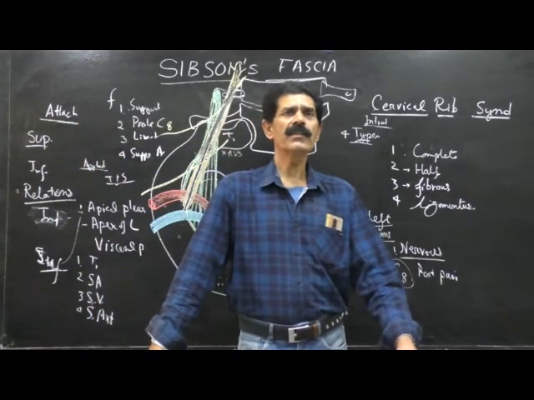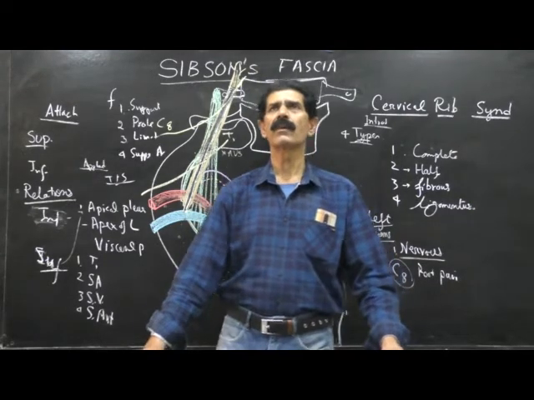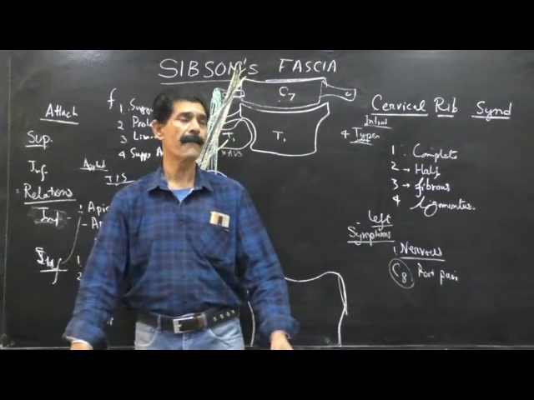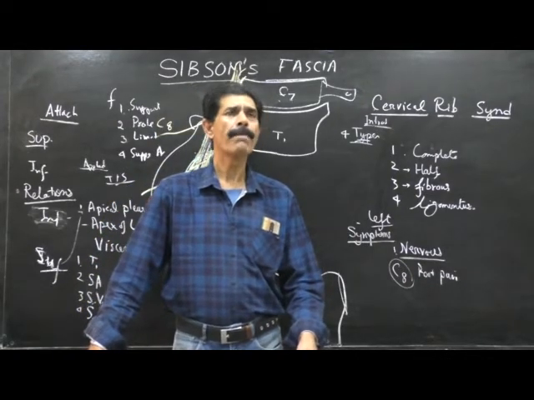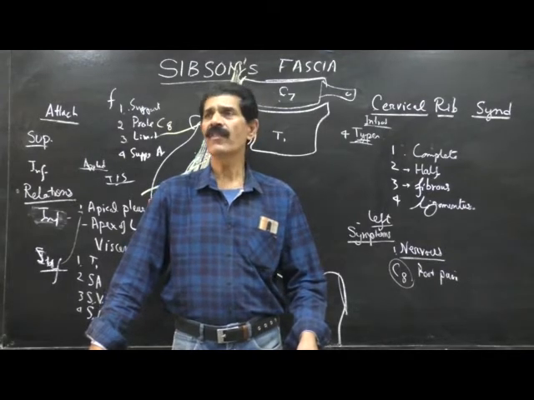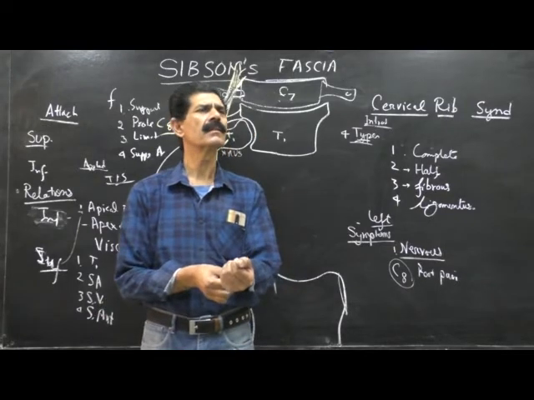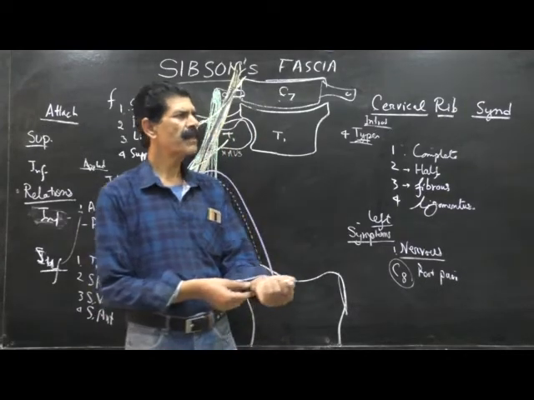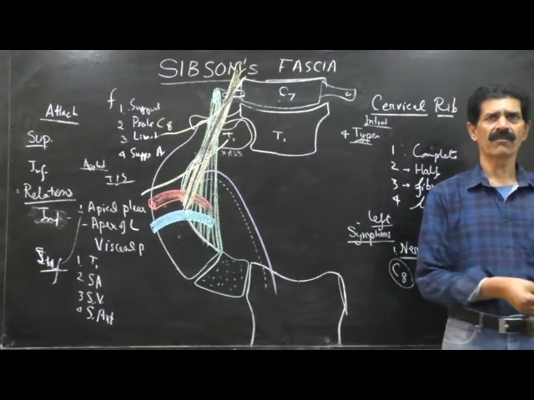So weakness of the muscle, and if it is prolonged, if it is chronic for a longer time, then the muscle undergoes wasting. Wasting of the muscle means the thickness of the muscle becomes less. The muscle becomes thin because of the compression of the nerve.